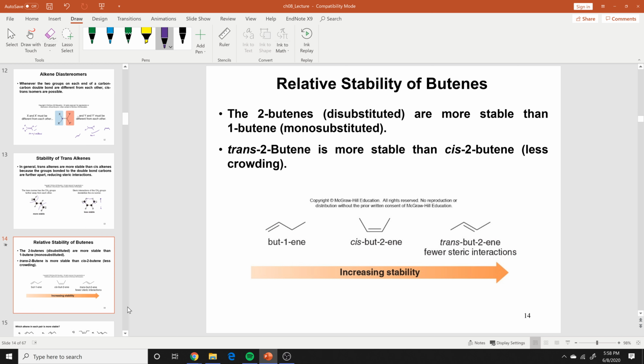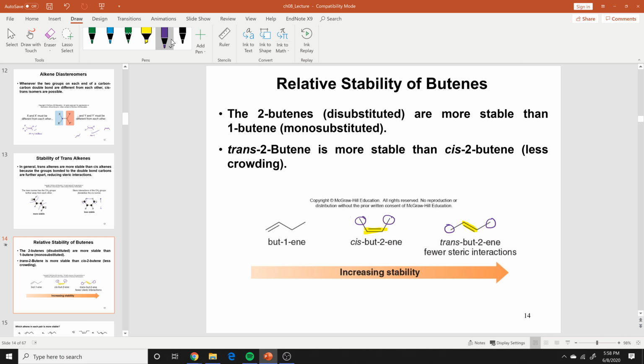So with respect to stability of the alkenes, always remember that a di-substituted alkene, this is your alkene, and you have two R groups on the alkene. A di-substituted alkene can exist as either cis or trans.